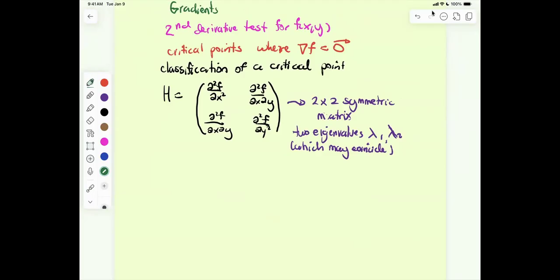So if one is positive and the other is negative, that corresponds to a saddle point. That means the critical point would be a saddle point.